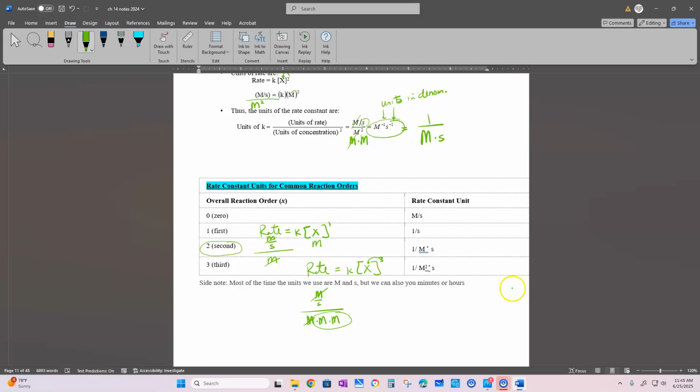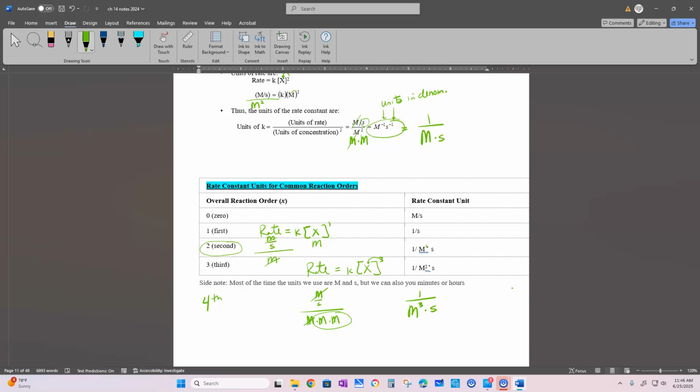Every time the order increases, the power on the molarity increases. So if you actually did have a fourth order, then it would be 1 over M cubed times S.